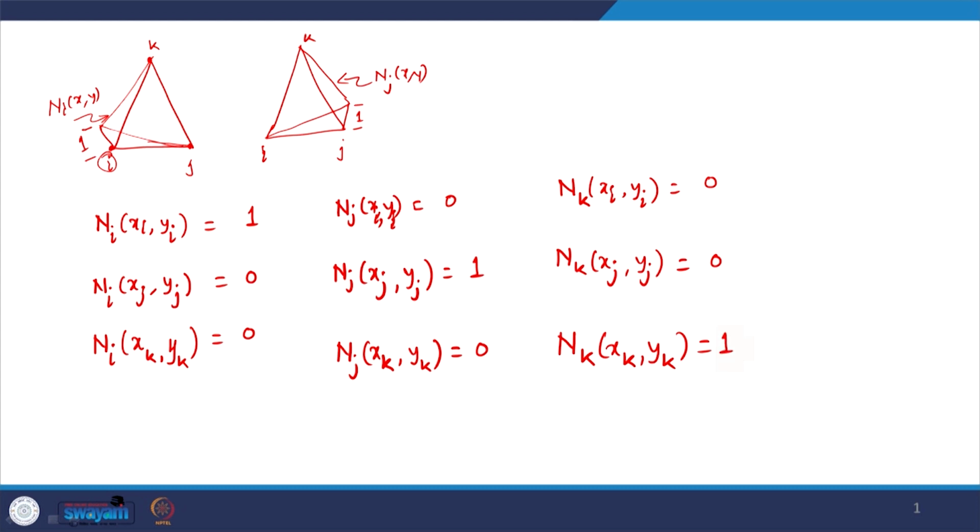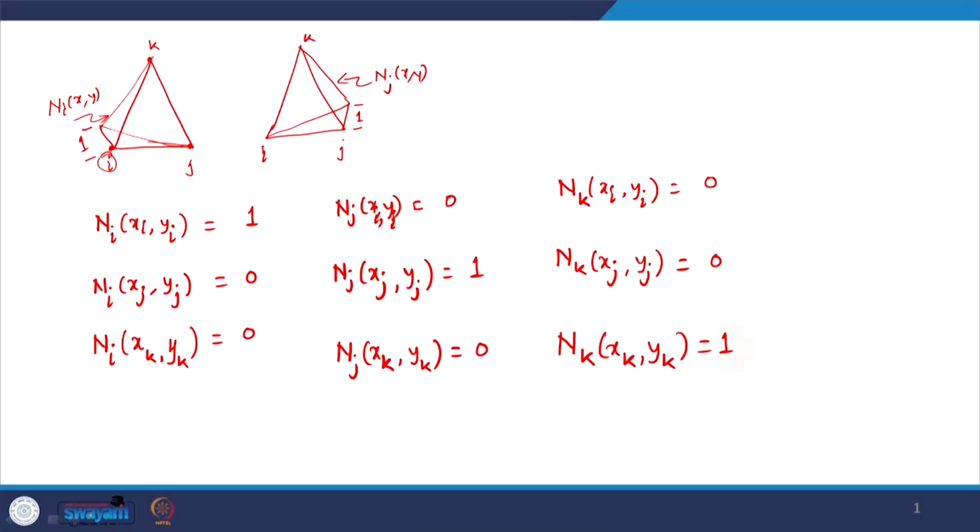So, for each of these functions, these three functions are independent of each other, in that we are only looking at what is the behavior of n I at node I, what is the behavior of n I at node j, and what is the behavior of n I at node k, right. So, ostensibly there is no dependence of n I on n j and n k, right.